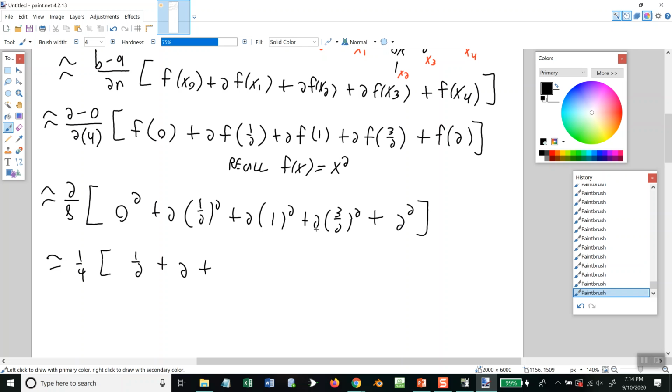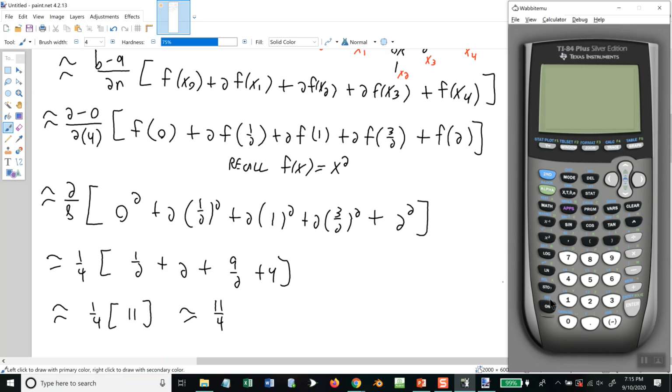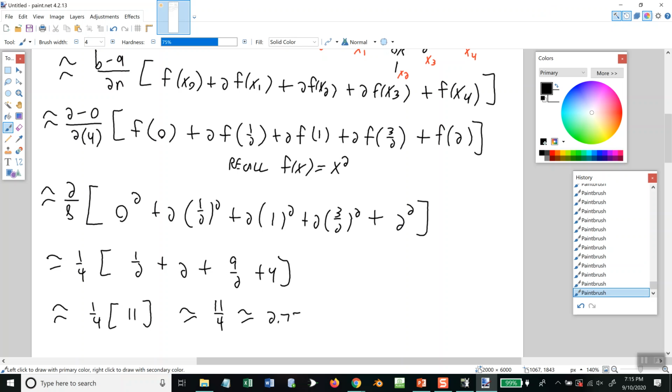This is 9/4 times that is 9/2 plus 2 squared, which is 4. 1/2 plus 9/2 is 10/2 or 5, plus 4 is 9, 11, which then gives us approximately 11/4. 2.75. Assuming I didn't screw up in the basic math somewhere.